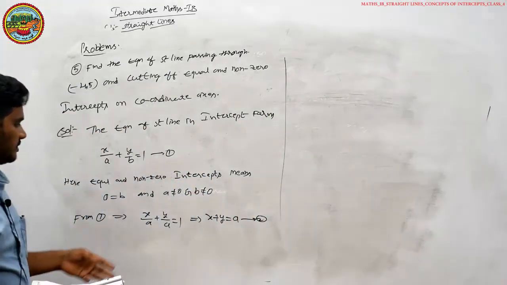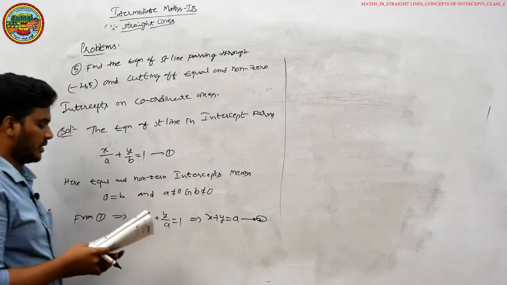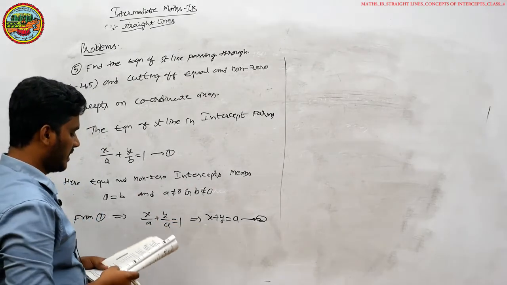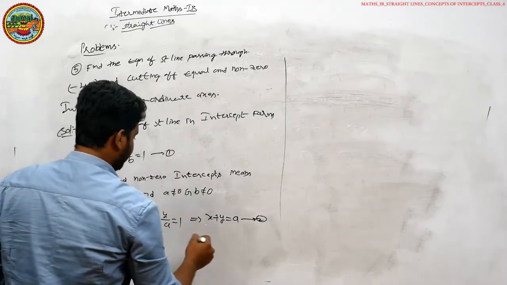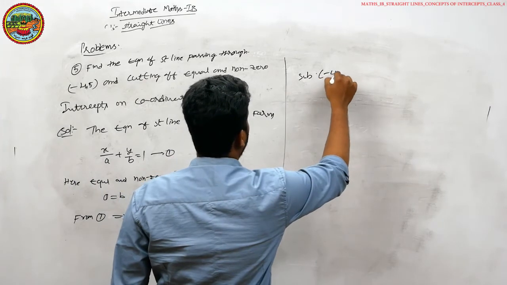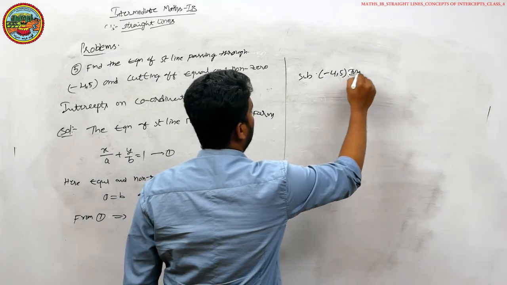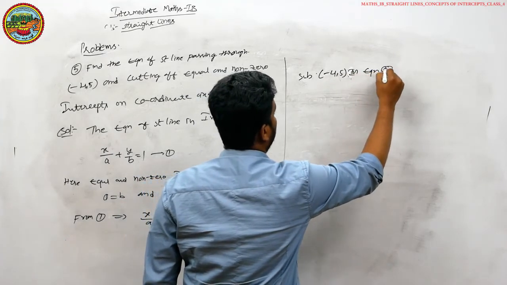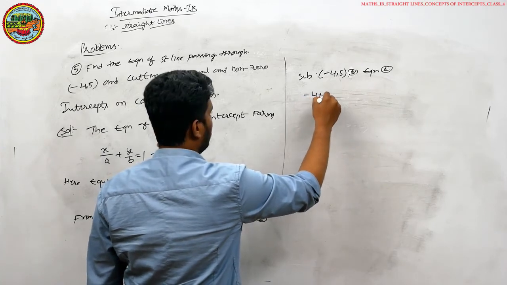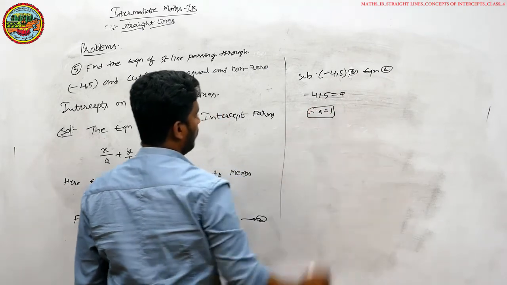Since the line passes through the point minus 4 comma 5, we have to substitute the values in this to get the a value. Substituting minus 4 comma 5 in equation 2, minus 4 plus 5 is equal to a, therefore a is equal to 1.